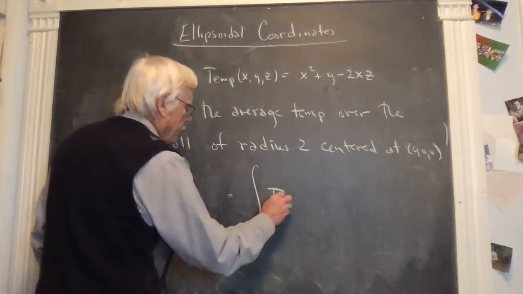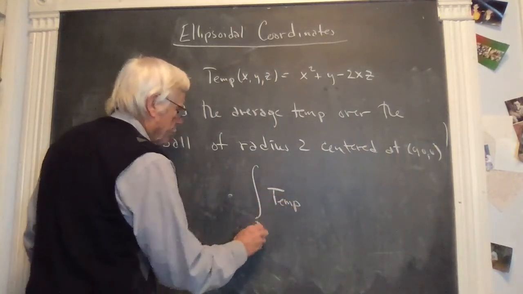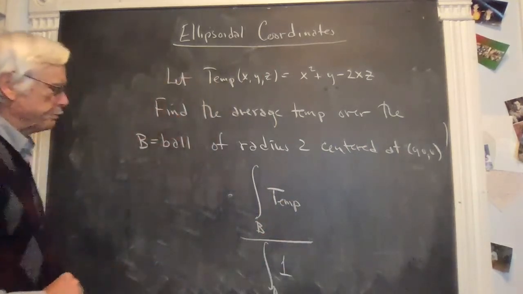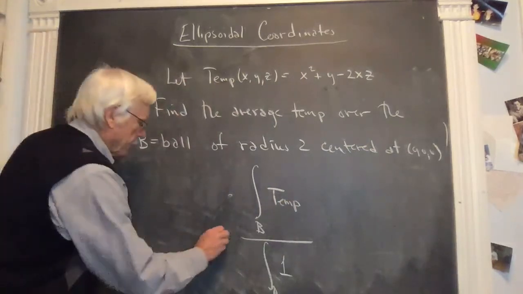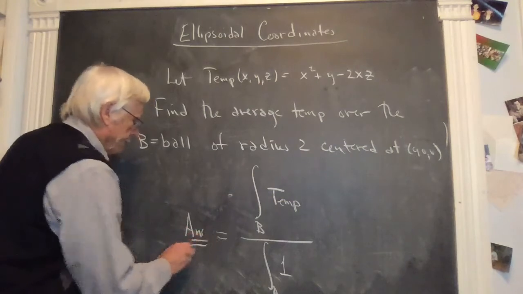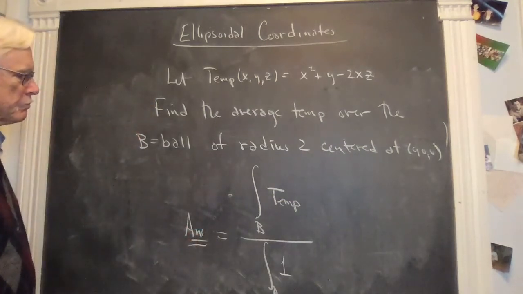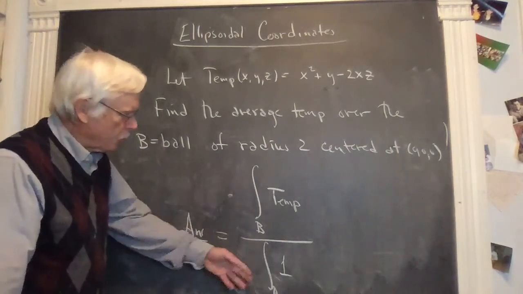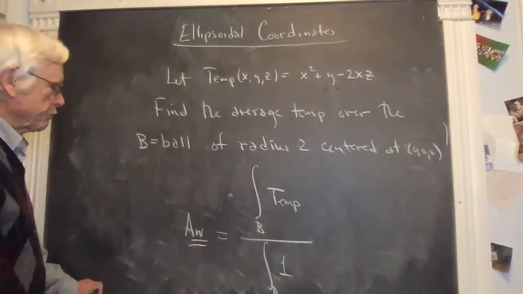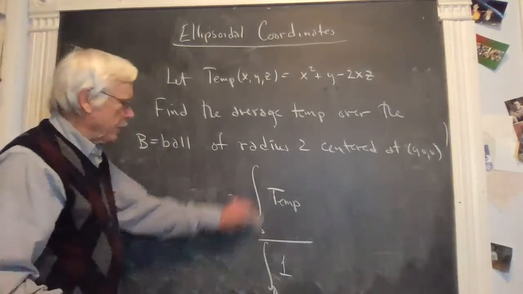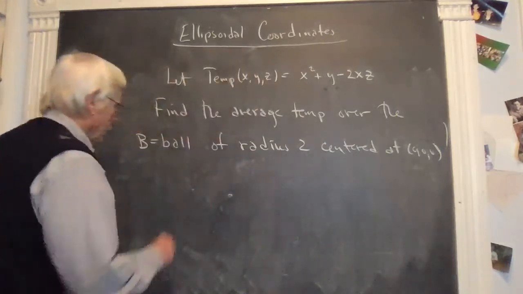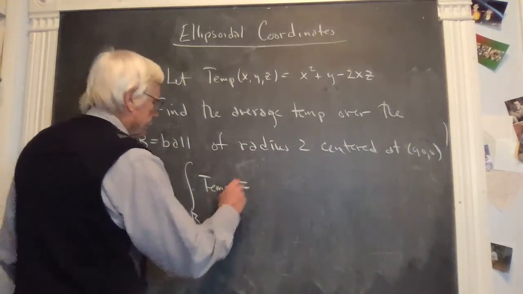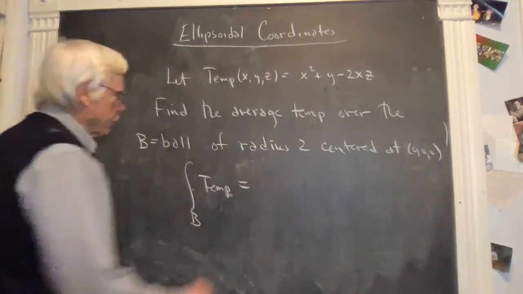So what we want to do is integrate the temperature over the ball divided by the integral of the one function over the ball. And this is the answer. To actually find this numerically, though, we need to do these 2 integrals. They both work kind of the same. So the integral of the temperature over the ball, I'm going to change to spherical coordinates.